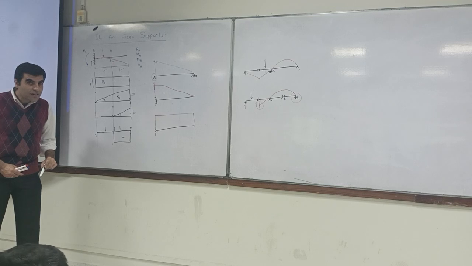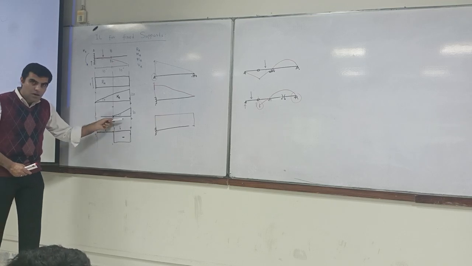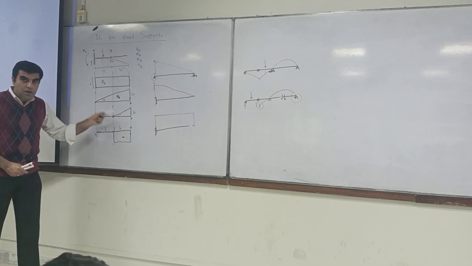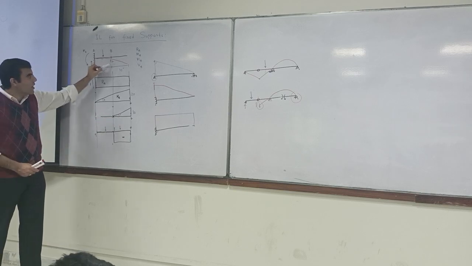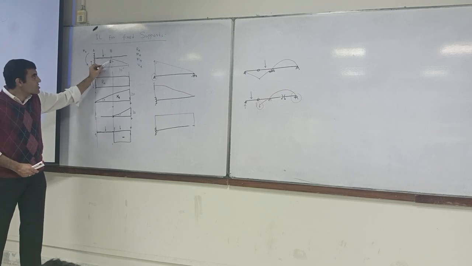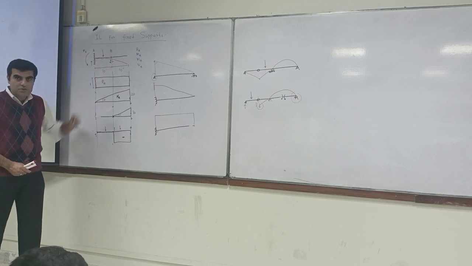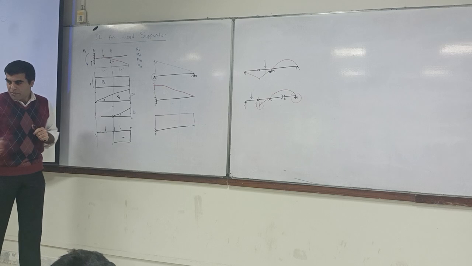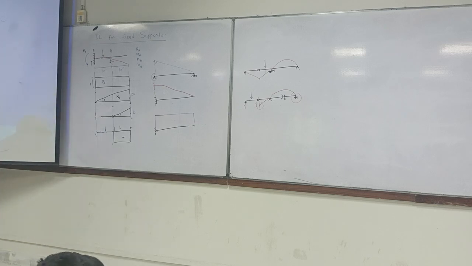So the second half was supposed to be on the positive side. Why? We used the same convention in the previous question. No, for shear, we always use this one. In the previous case, we moved left side downward and right side upward. Show me in the shear case, what did we do?